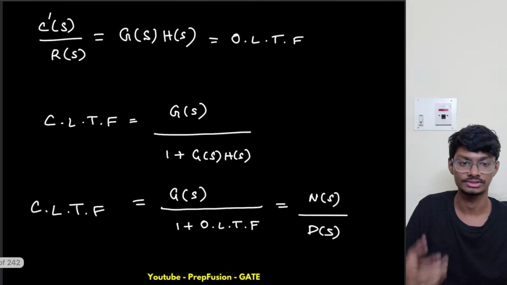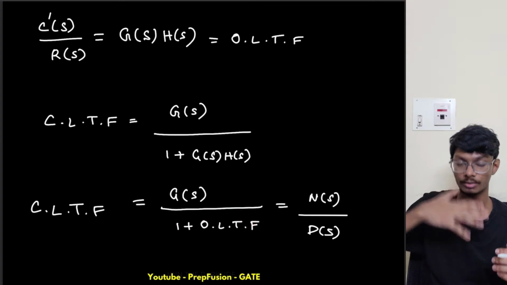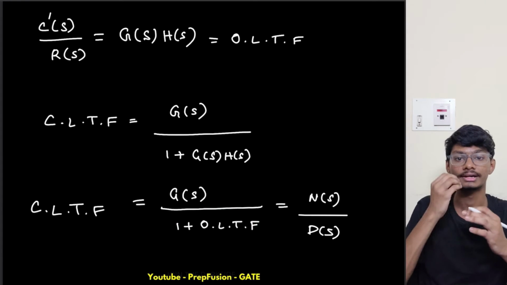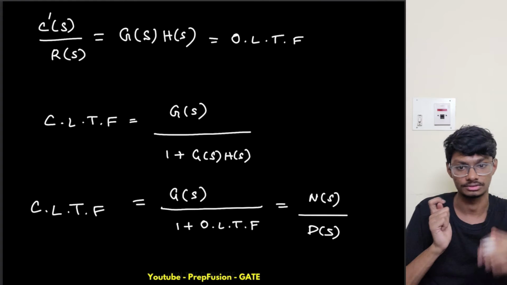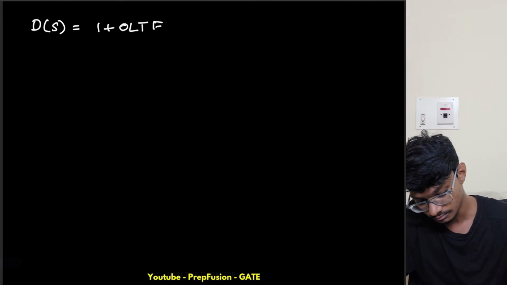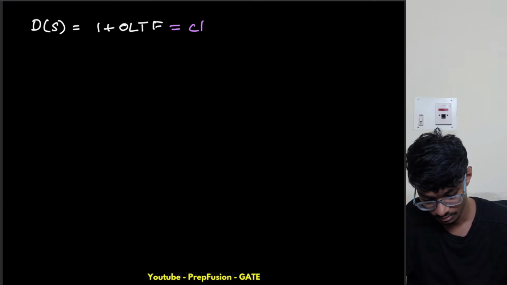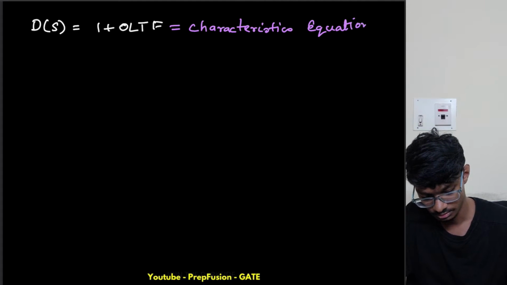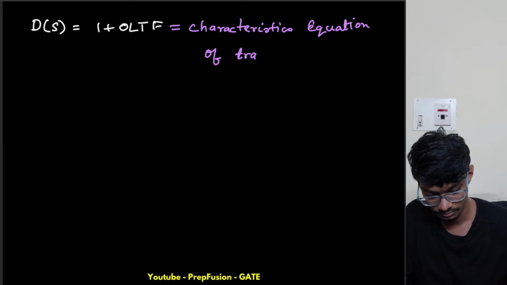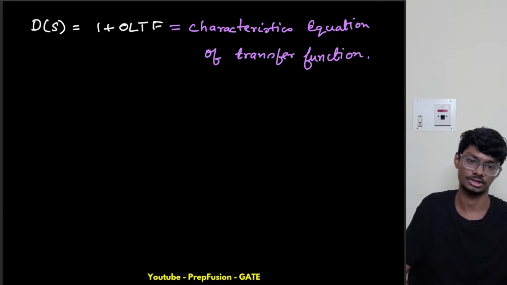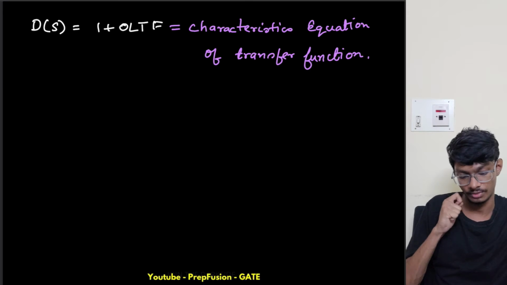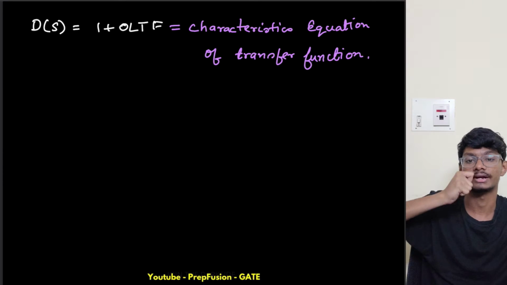I haven't taught you what poles and zeros are, but the denominator of the closed loop transfer function is known as the characteristics equation of the transfer function. So this 1 plus OLTF is known as the characteristics equation.